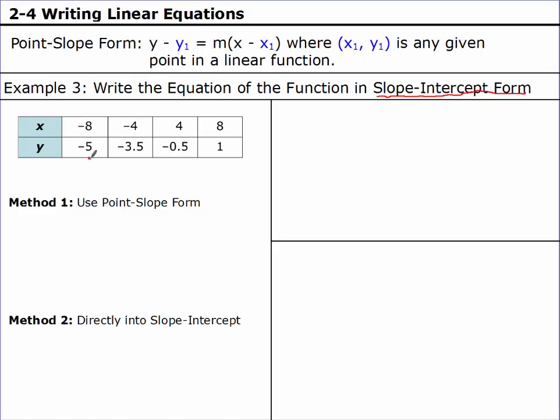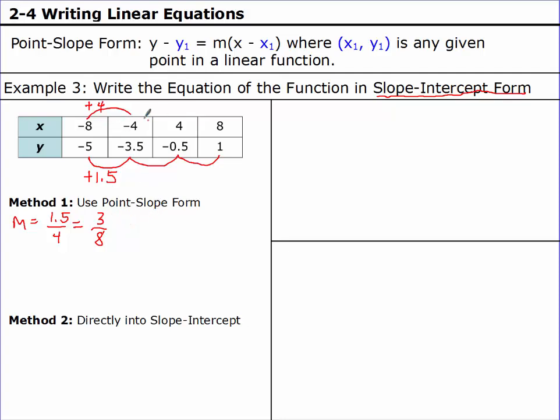So first thing I do is find my slope, rate of change. So on these I'm adding 1.5 each time, and on these I'm adding 4. So my slope is 1.5 divided by 4, which we don't want decimals and fractions in the same thing, so it's 3/8 if you just multiply them both by 2. 3/8.